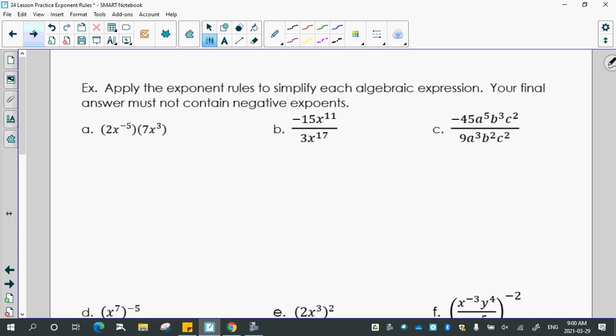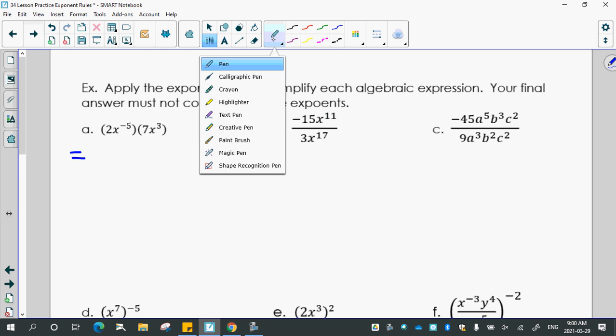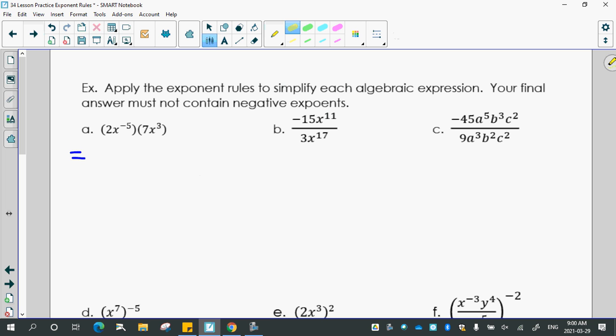Anyone remember how you would go about applying exponent rules to something like this? Nobody? Okay. So here's where the same bases come in. X. You see that? Okay.